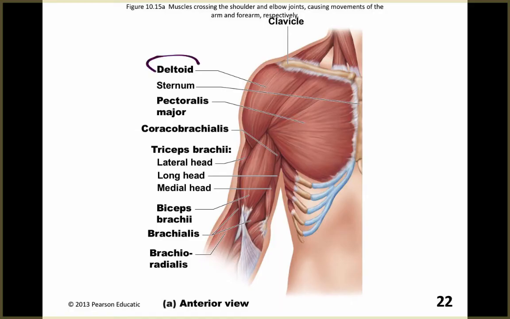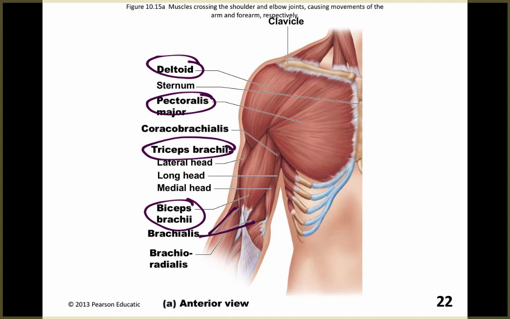Here you can easily see the deltoids, the pectoralis major, the triceps brachii. Of course, there are different heads, but you do not need to know those. And the biceps brachii. You can even notice here's the brachialis.